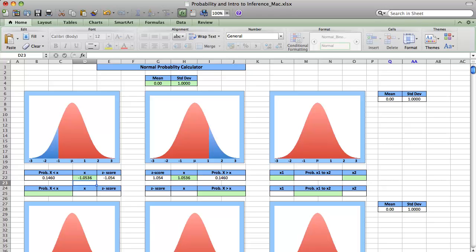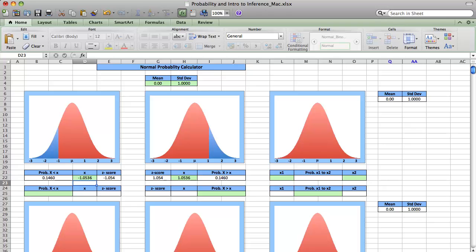All normal probability, as we've seen, really reduces to the distribution of z-scores, or the standard normal probability that has a mean mu of 0 and a standard deviation sigma of 1.